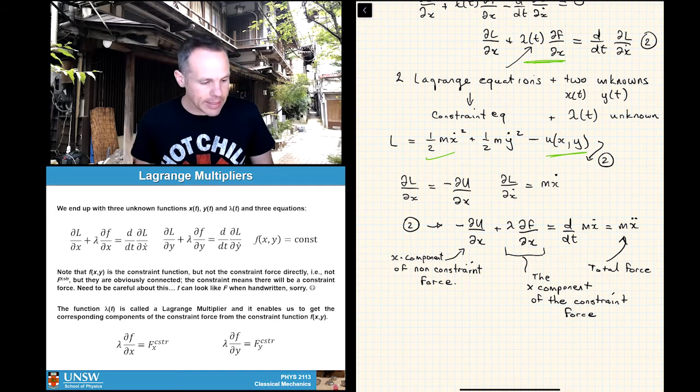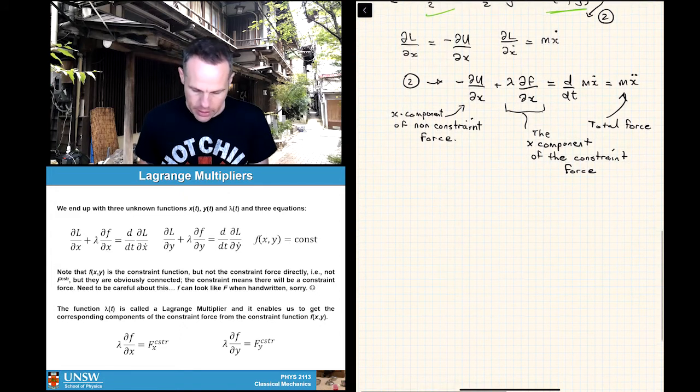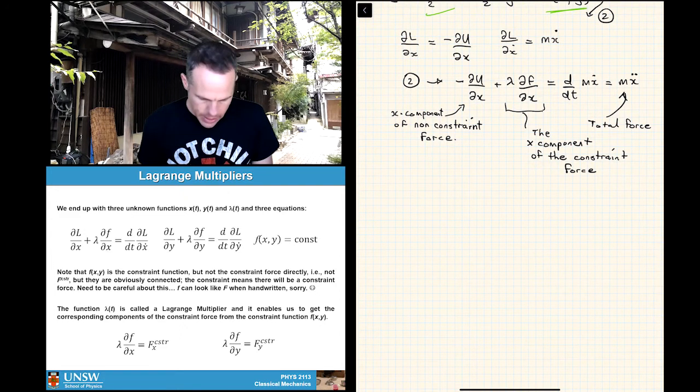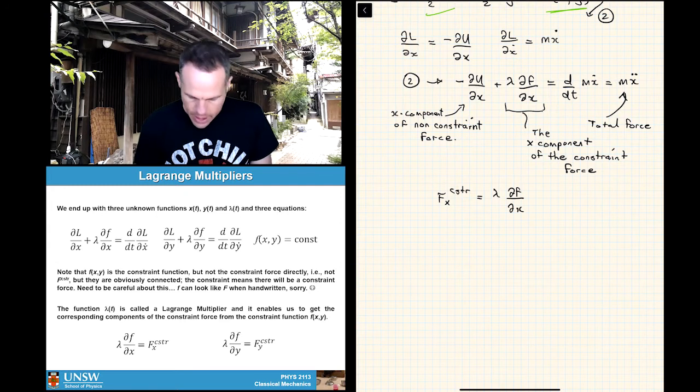We've just added in an extra little term in here. And so what we can write this as is F_x constraint is equal to lambda df on dx, and we would get a similar one for y.